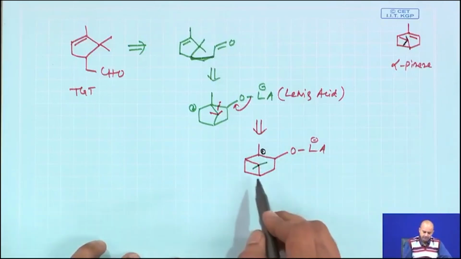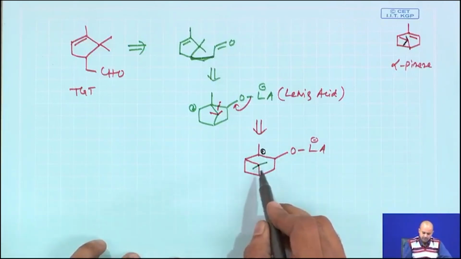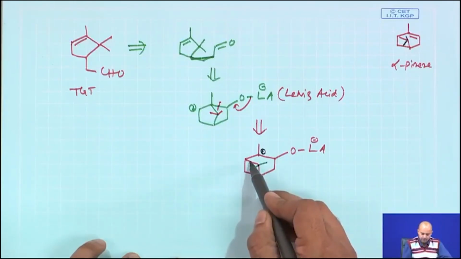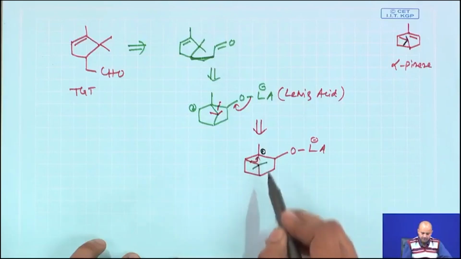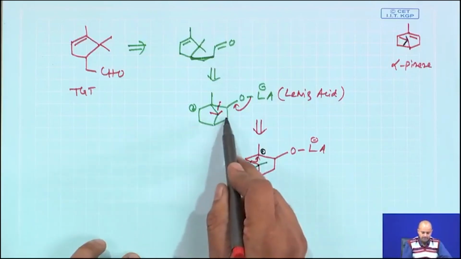Now, the point is, if you have this carbonium ion intermediate, as it is a 6-member and 4-member system, it will probably try to rearrange in this 1-2 fashion. So, this bond migrates to give you a 5-member system.